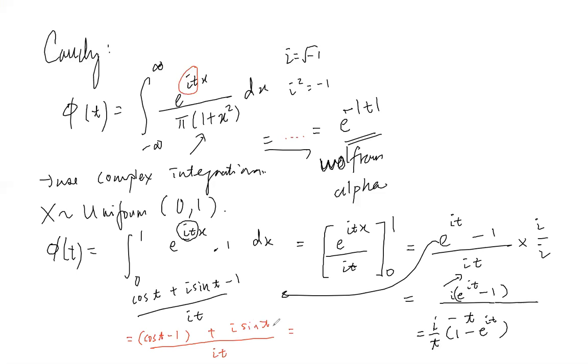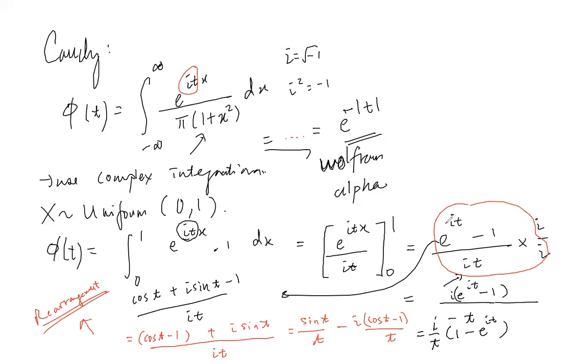So in fact you can get sin t over t, then minus i times cos t minus 1 over t. So this is basically just rearrangement. Of course it is this form, but you can rearrange it to get this form by expanding using De Moivre's formula. So you get it in terms of real part and imaginary part.